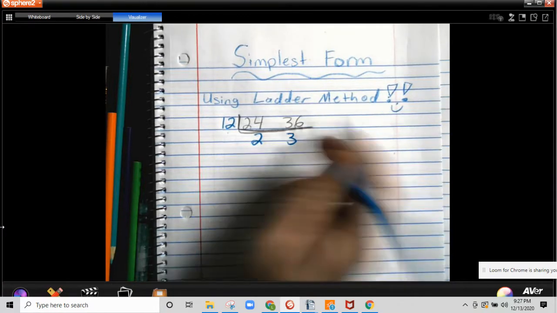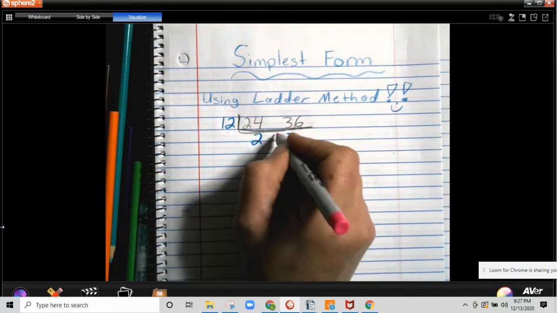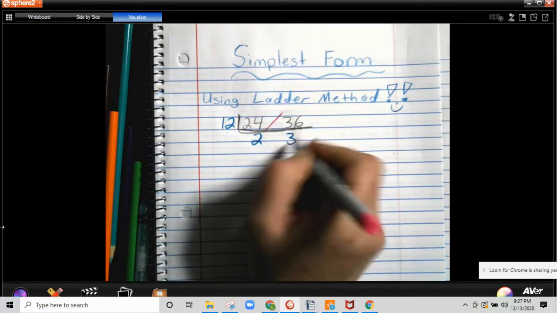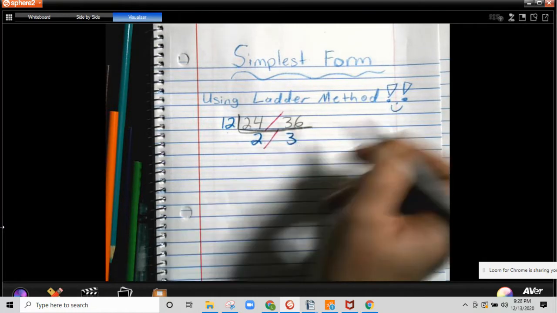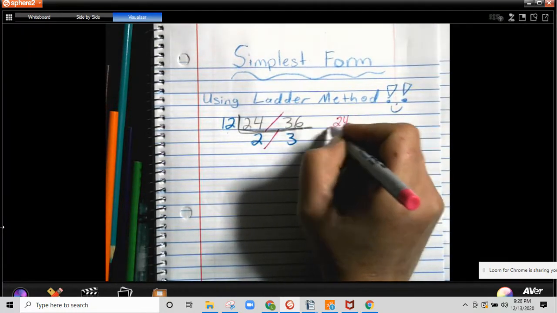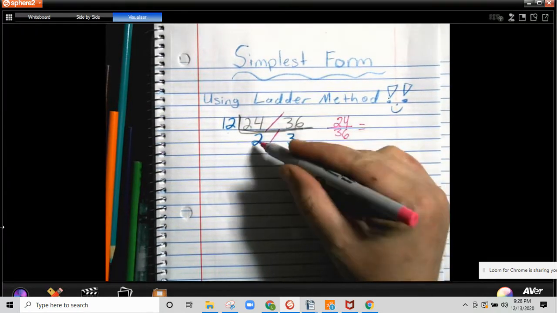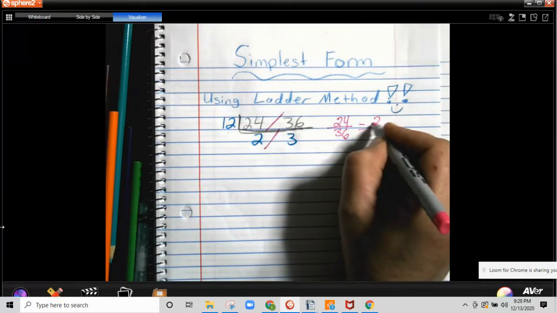So you know what? Check this out. If I put a fraction bar right here and a fraction bar right here, I just told myself that 24 over 36 equals 2/3.